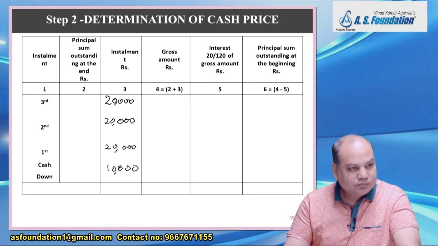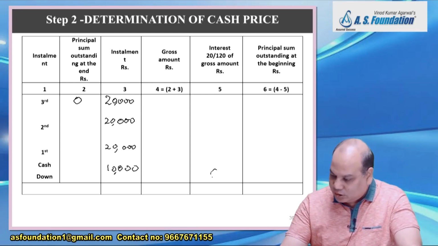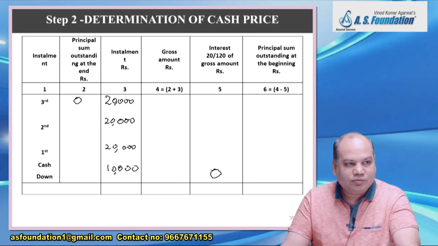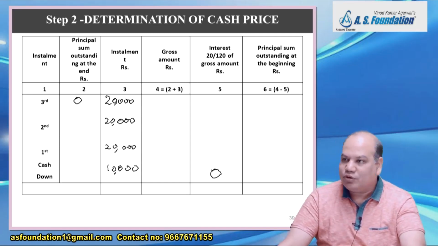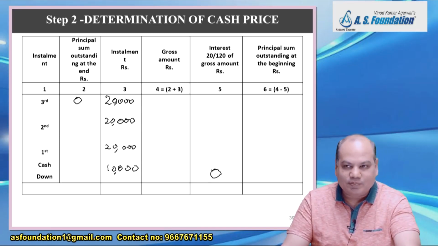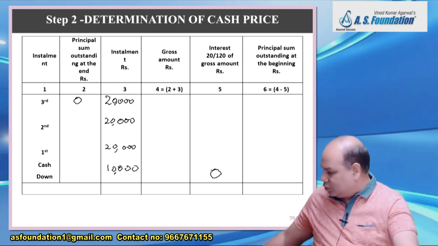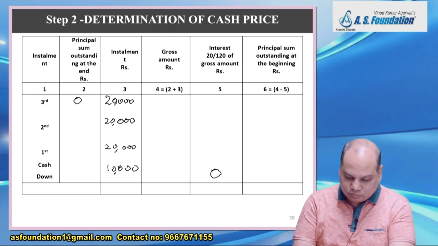Is it right? This is 0 and interest in cash down is 0. This is the information available to us right now. Have you understood? Yes. Now you solve it like a normal, ordinary, simple question. Complete the answer on your own.